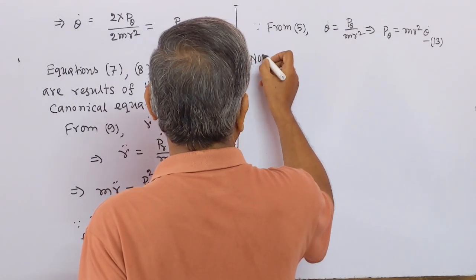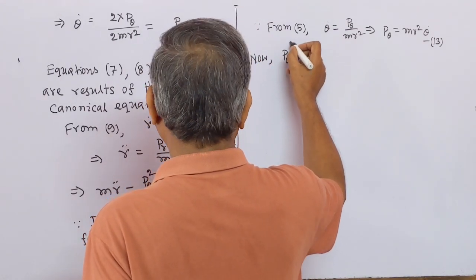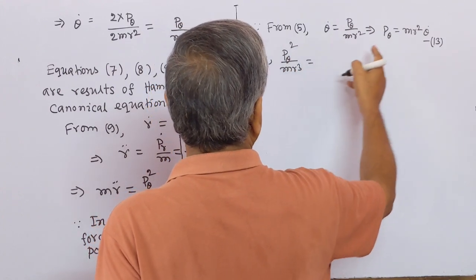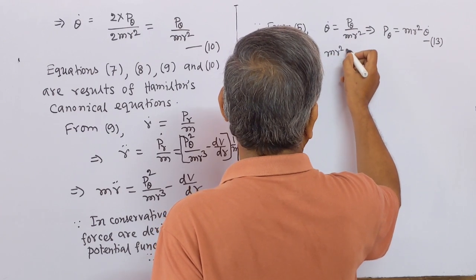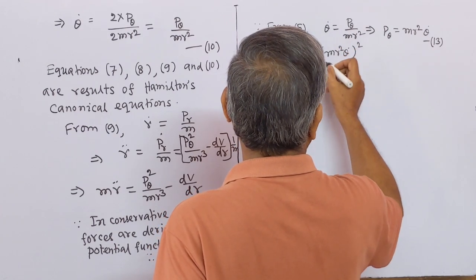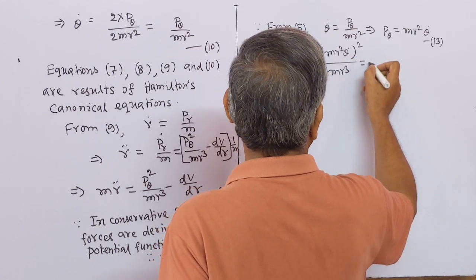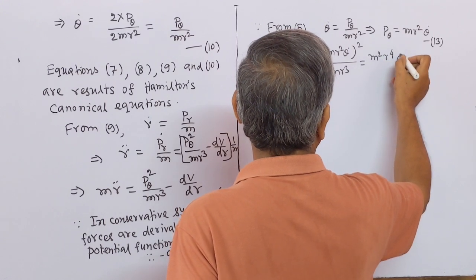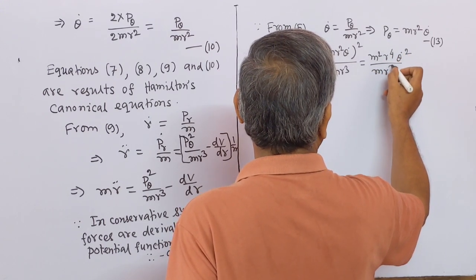Now P theta square by m r cube equals, P theta square means (m r square theta dot) whole square, by m r cube. This is equal to m square r to the power 4 theta dot square by m r cube.